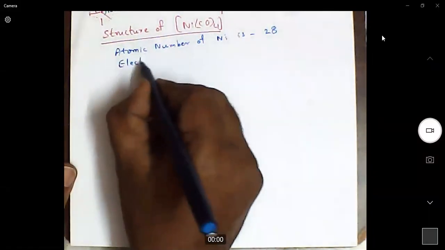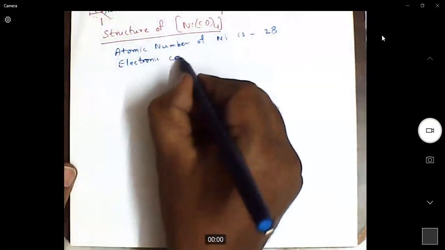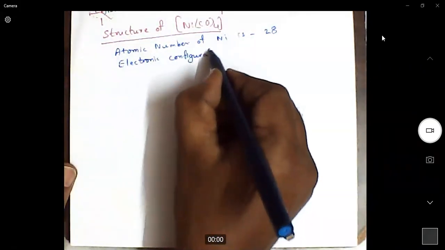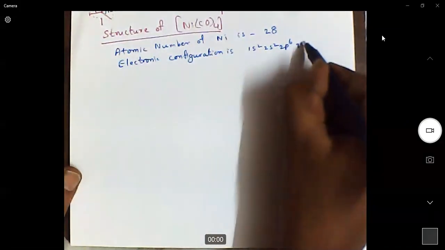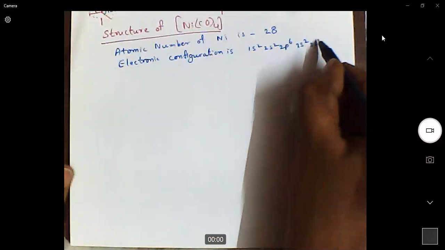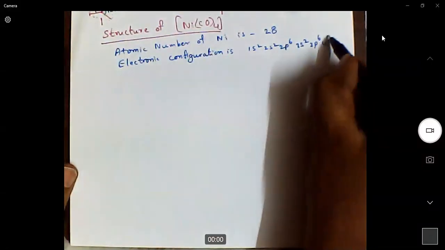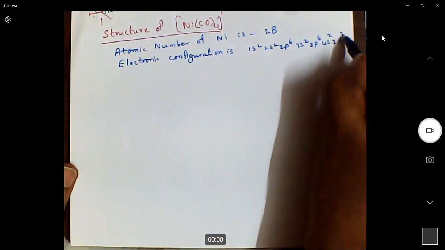Now in Ni(CO)4, the atomic number of nickel is 28, electronic configuration 1s2, 2s2, 2p6, 3s2, 3p6, 4s2, 3d8.